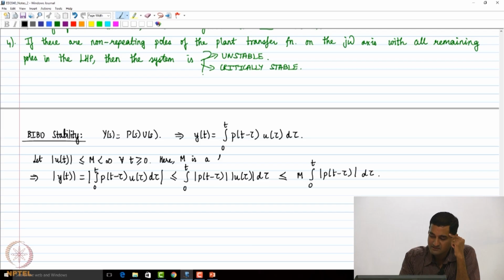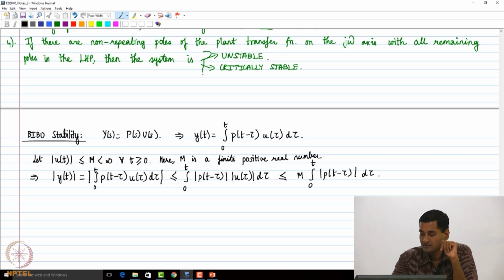Here m is a finite positive real number. Anyway, I'm taking the absolute value of u of t, so it's going to be a positive number. I hope it's clear.